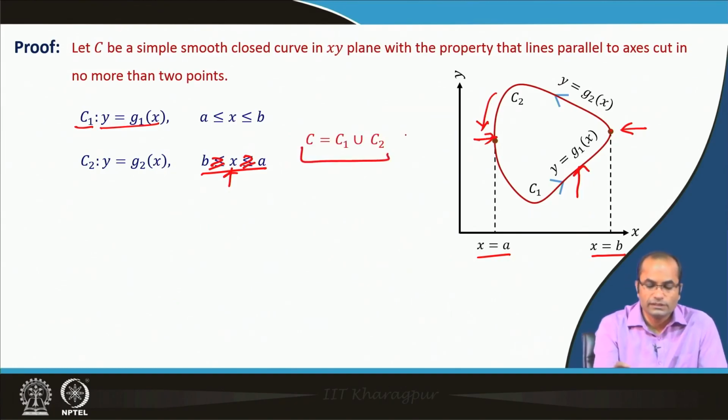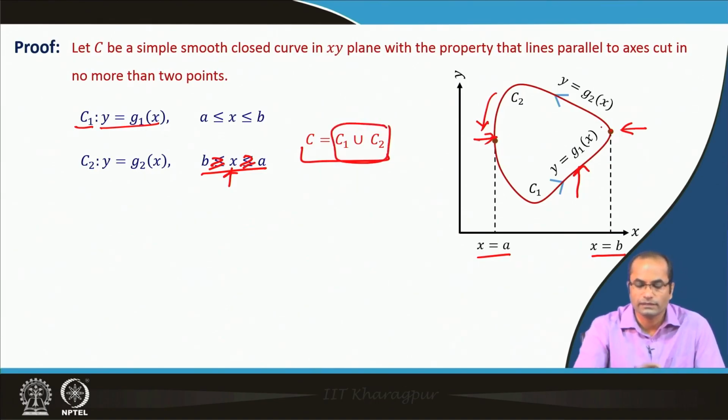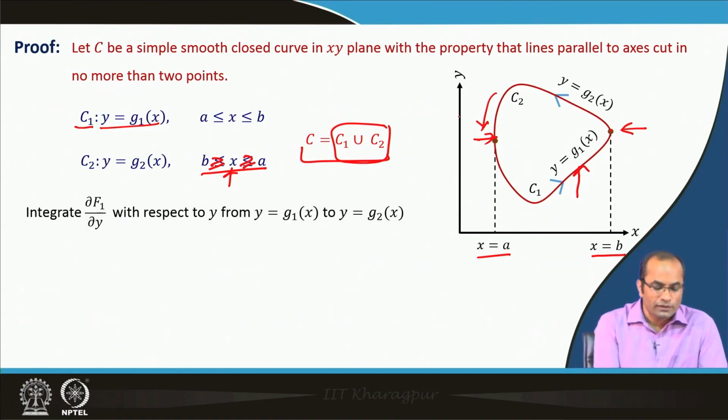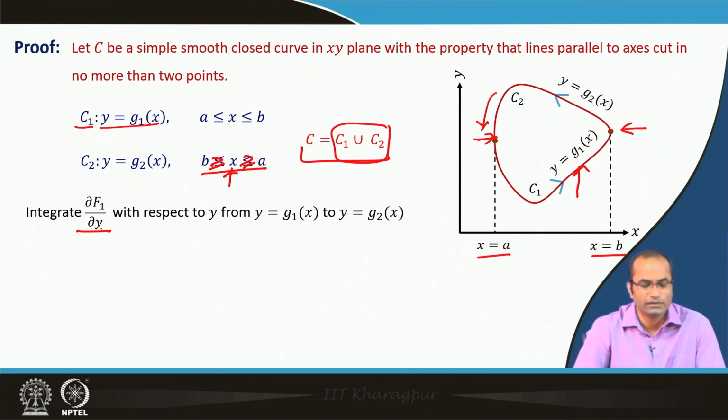Now, the curve C, the given simple closed curve C, is the union of the two, because the entire smooth closed curve was divided into 2 portions, one was C1, the other one was C2. So, now what we do here, we integrate del f1 over del y, that was a part in this result when we have this curve integral to the double integral.